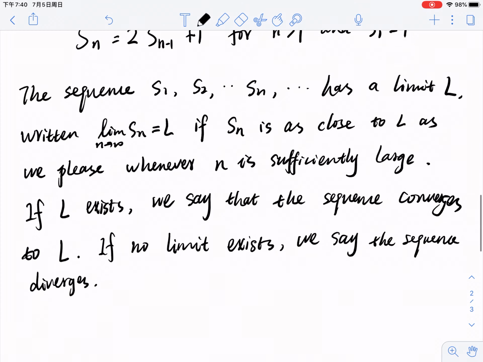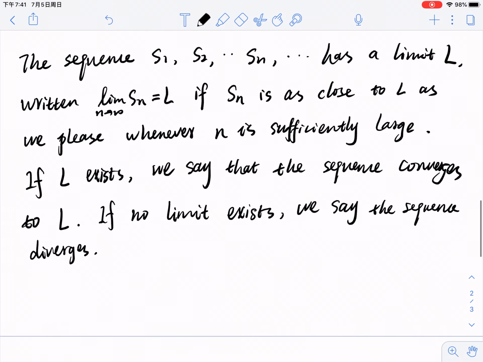So finding the limit of a sequence is very similar to finding the limit of a function. All of the usual limit laws apply.